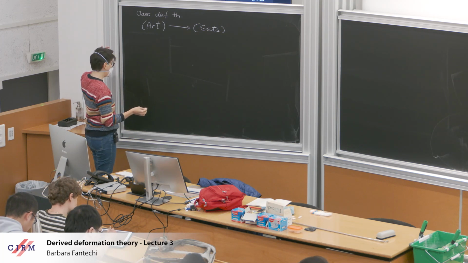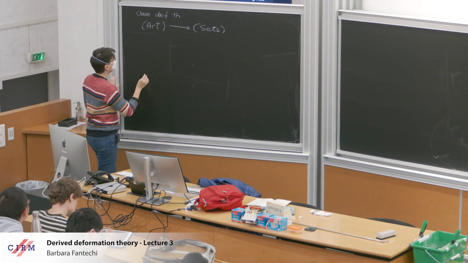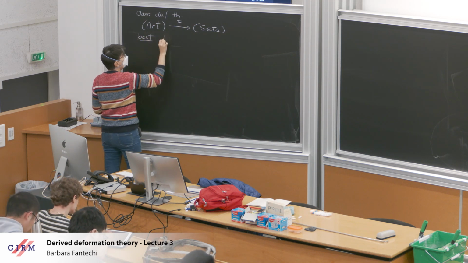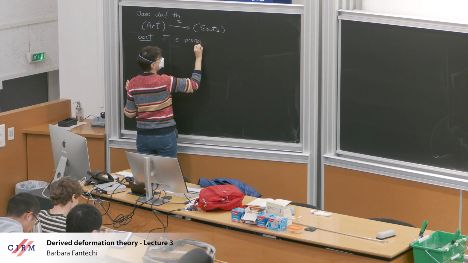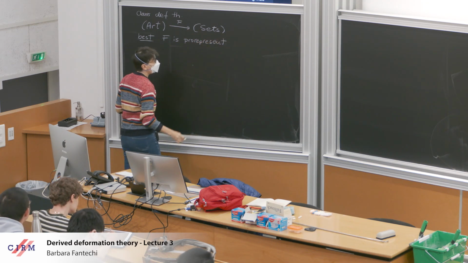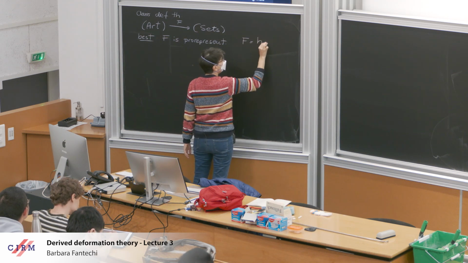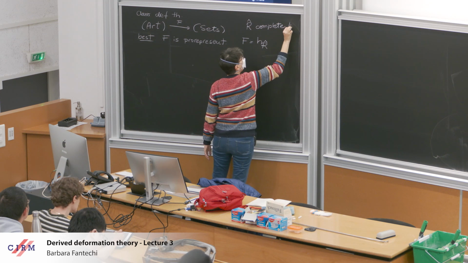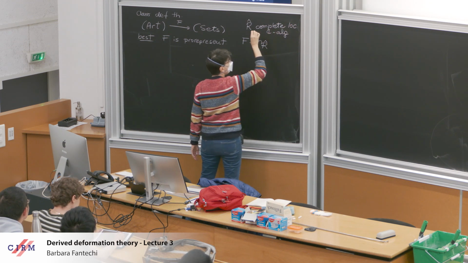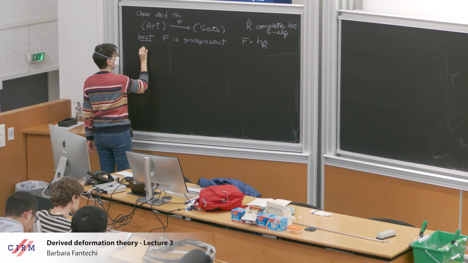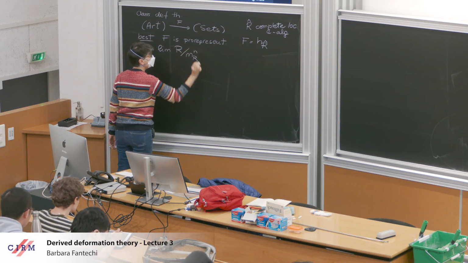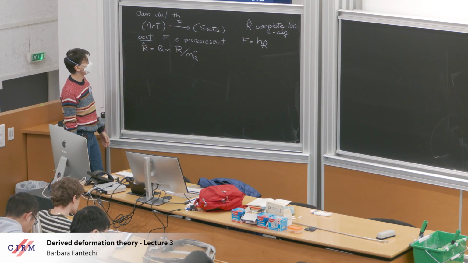There is a nice criterion that guarantees that ideally you would want your F to be so-called pro-representable, which means that it is induced by a complete local C-algebra with some additional finiteness assumptions I'm not going to spell out, but this basically means that our R is the limit of the quotients by the powers of the maximal ideal.